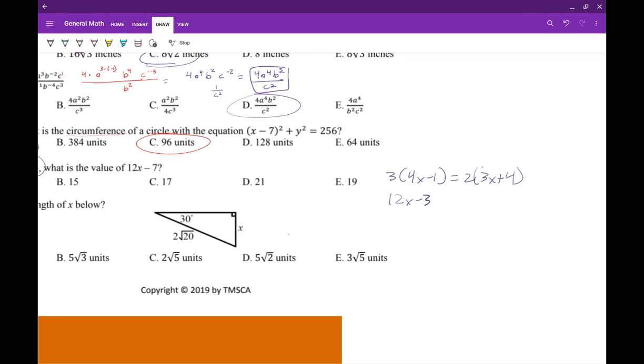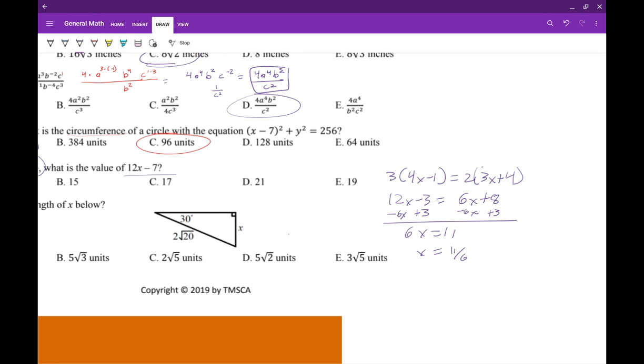Twelve x minus 3 is equal to 6x plus 8. You subtract 6x and you add 3 on both sides. And then you get 6x is equal to 11. X is equal to 11 over 6.